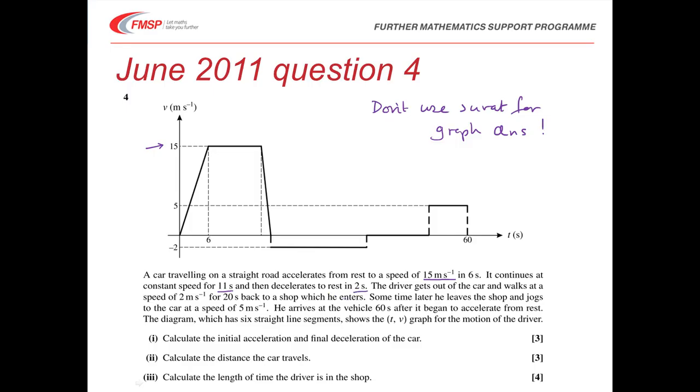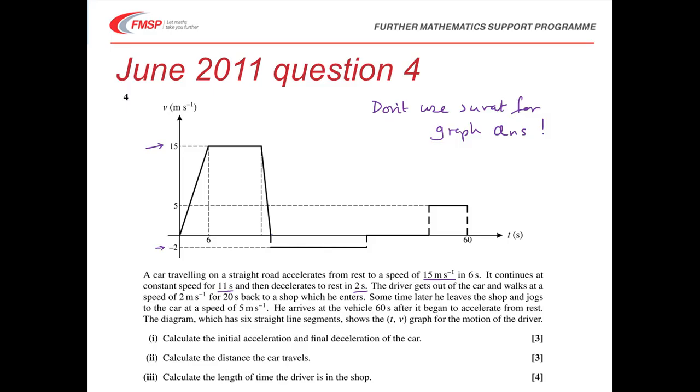I'll put that information on a copy of the graph in a moment. Then, after this point, the driver gets out, walks back, and that's why the line is below the graph. The -2 means he's walking backwards, or at least walking forwards in a backwards direction.